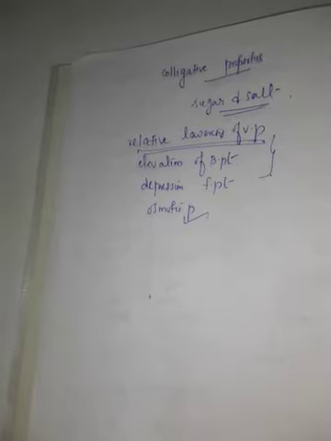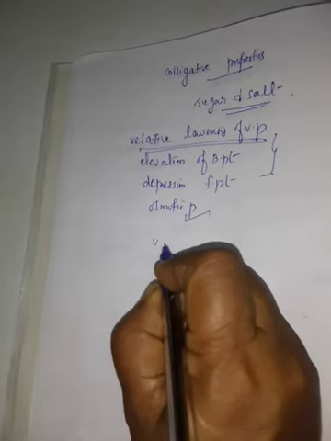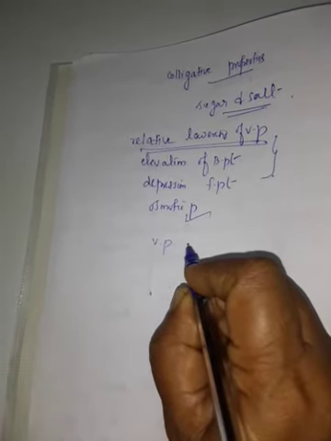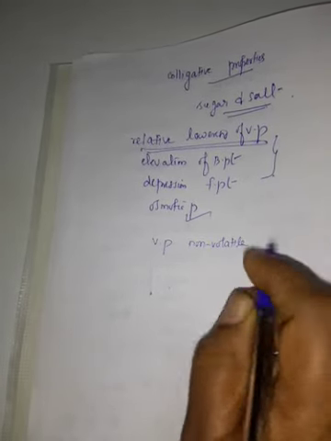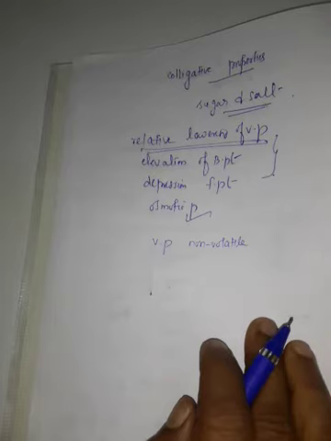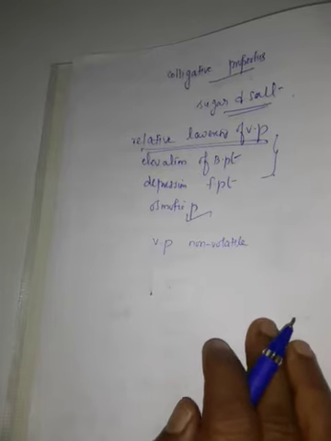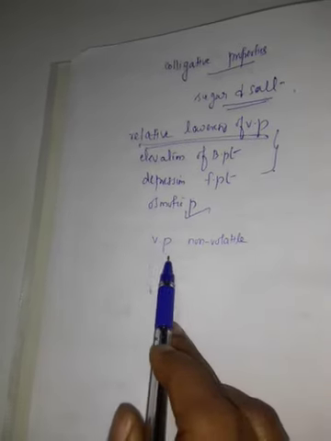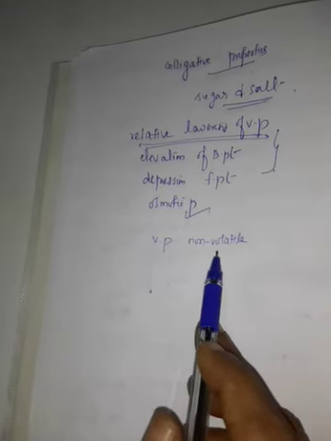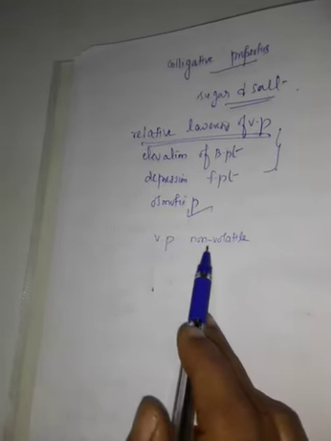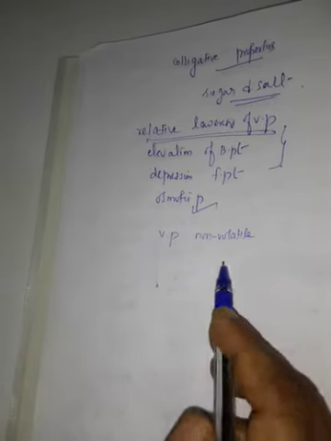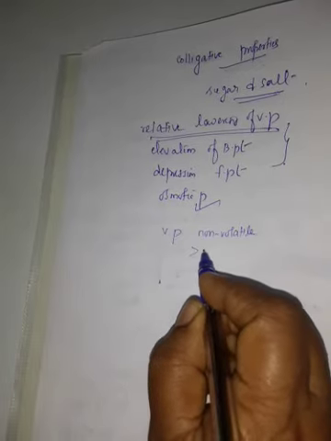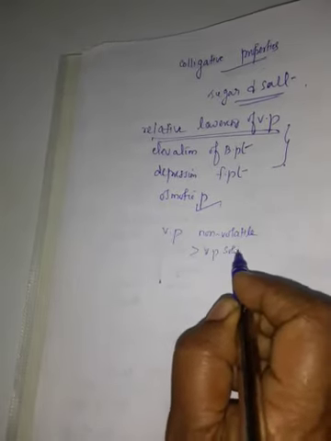Generally, the vapor pressure of a solution containing a non-volatile, meaning not easily evaporating, or non-electrolyte solute, is found to be always lower than the vapor pressure of the solvent.